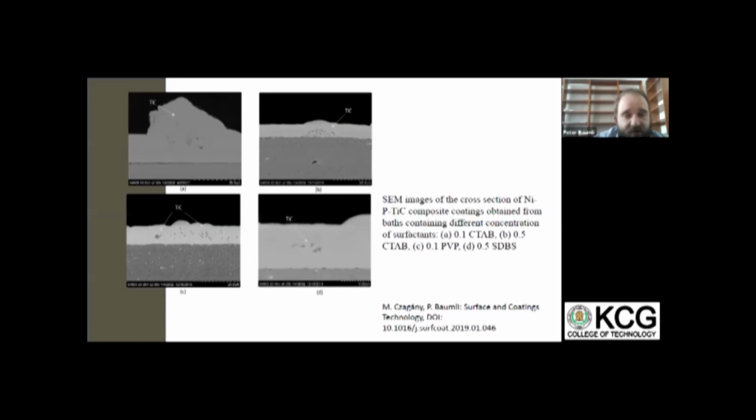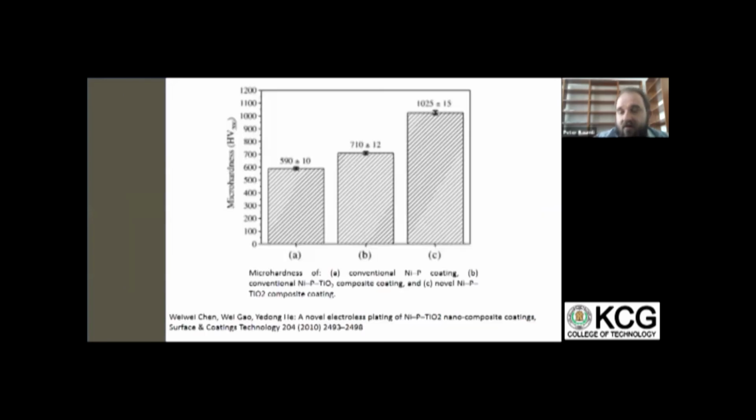The structure of it is nano-sized, and we used nano-sized titanium carbide particles as well. This composite coating improves the mechanical properties, and reduces the sensitivity of the substrate against acid or any other chemical materials.